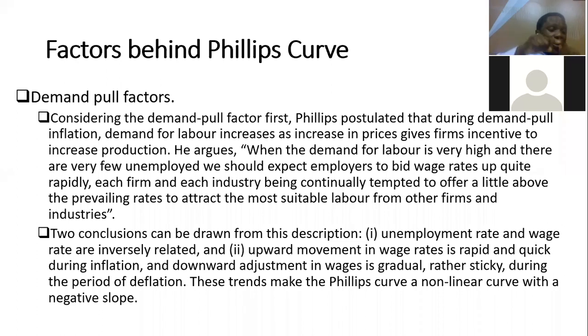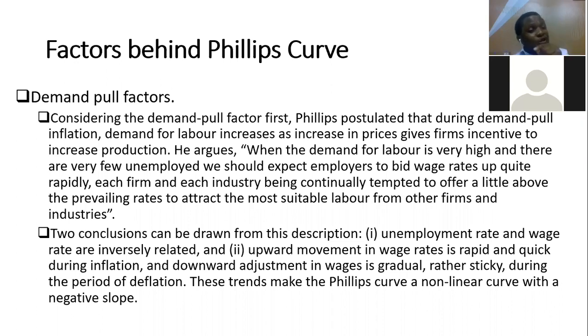That little wage above the industry wage will cause an increase in the growth rate of wage and invariably causes increases in prices. That is the genesis of demand pull inflation. Remember, you have two types of inflation: cost push inflation and demand pull inflation.